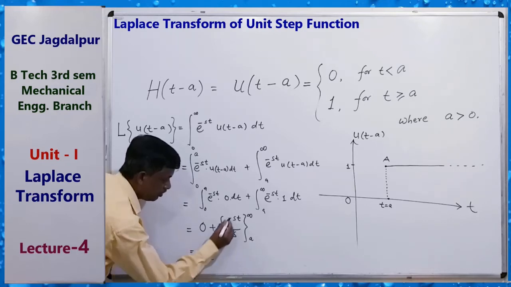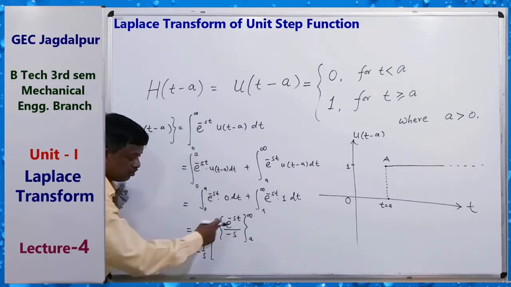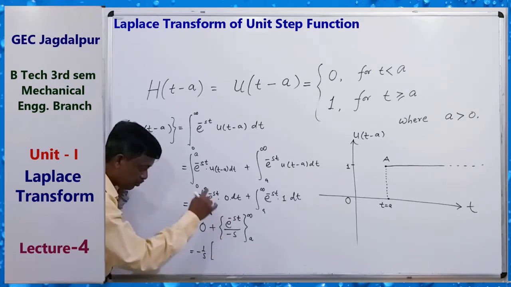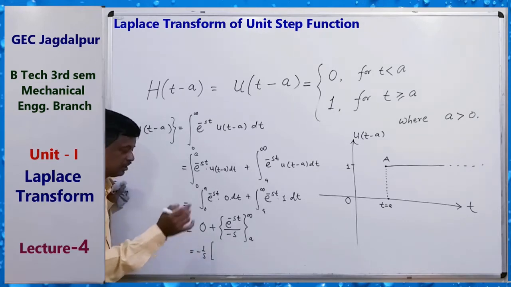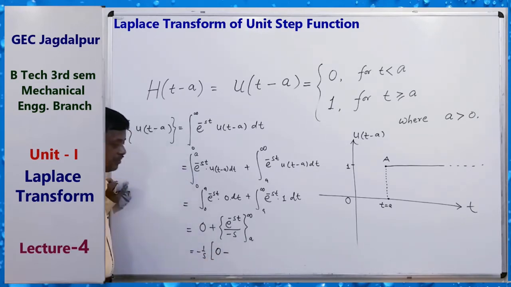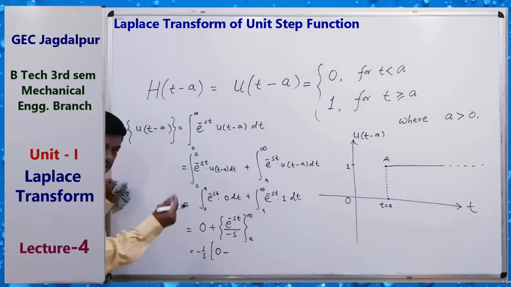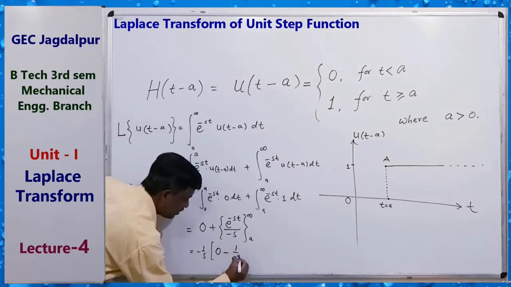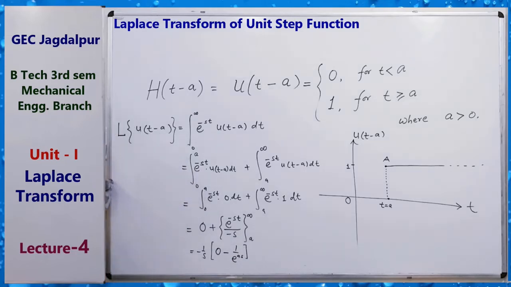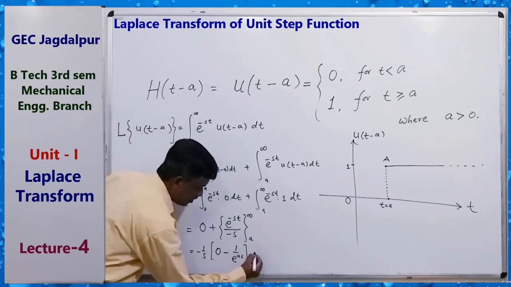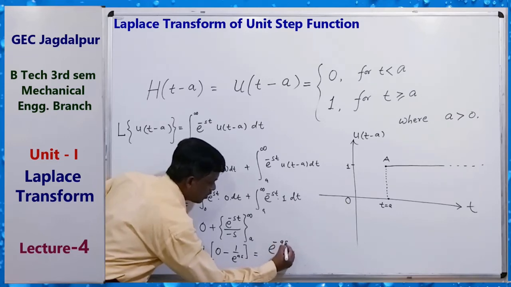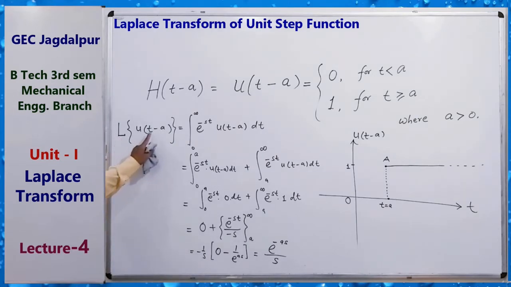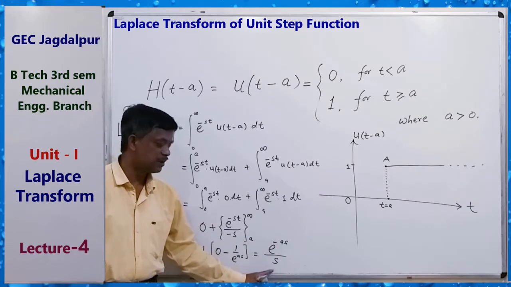First value: 1 upon e to the power st. So 1 upon e to the power infinity, that is 0, minus 1 upon e to the power as, that is minus minus plus e to the power minus as upon s. So Laplace transform of unit step function is e to the power minus as by s.